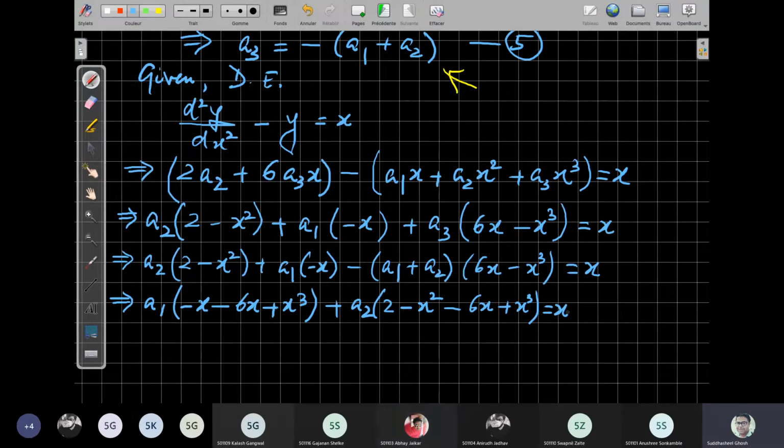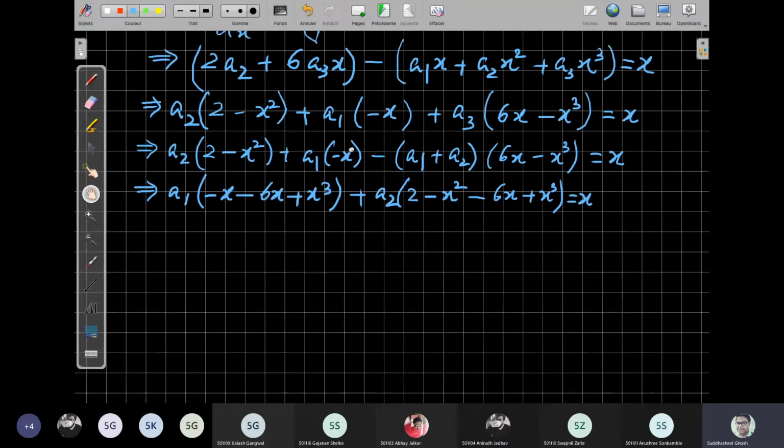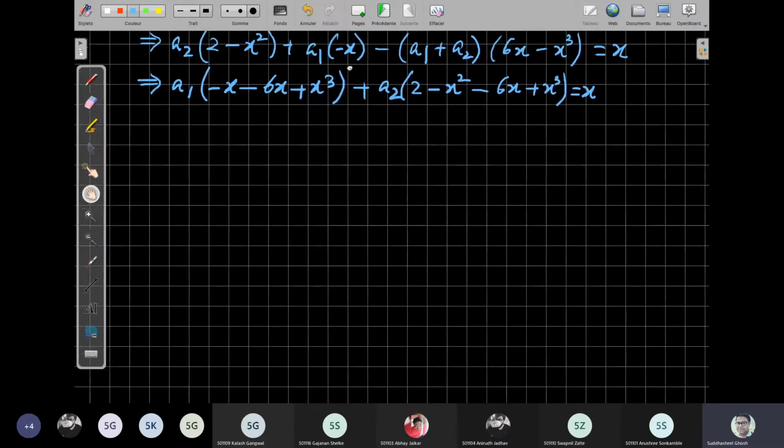Now I have reduced the number of unknowns using various calculations. Now, what is additionally given in the problem? Let us assume collocation points.